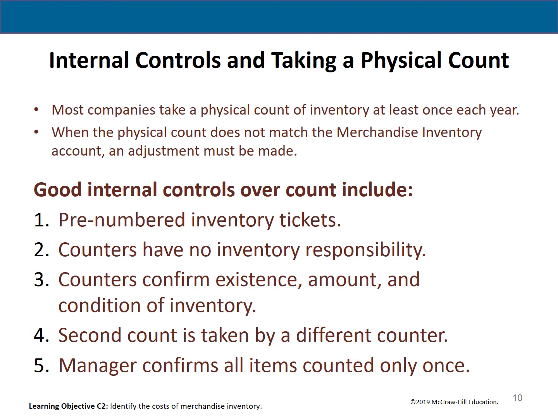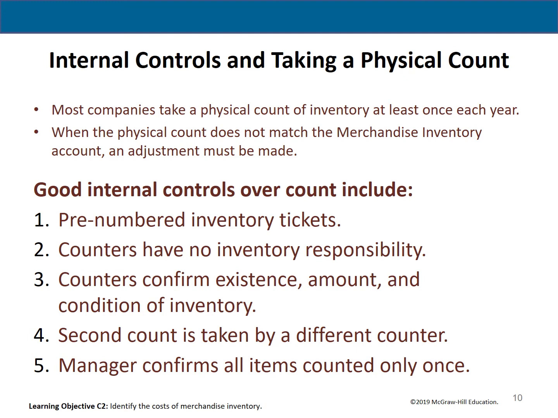So in a procedure that always takes place even when you use a perpetual inventory system, and I mentioned this in chapter 5, you always physically count your inventory items at least once a year. And you come up with a dollar amount value on those items. And that should just about equal the balance in your inventory asset account.